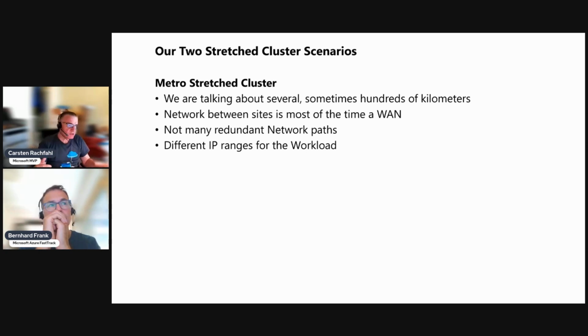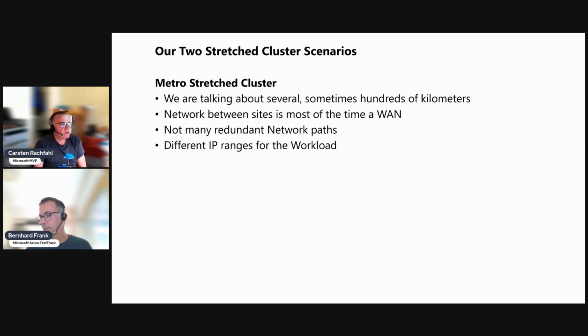It's a large stretch cluster, where the distance between the two sites is a certain number of kilometers or miles, usually over maybe 5 or 10, and we are talking about several, sometimes hundreds of kilometers or miles. The network between the sites is most of the time a WAN.